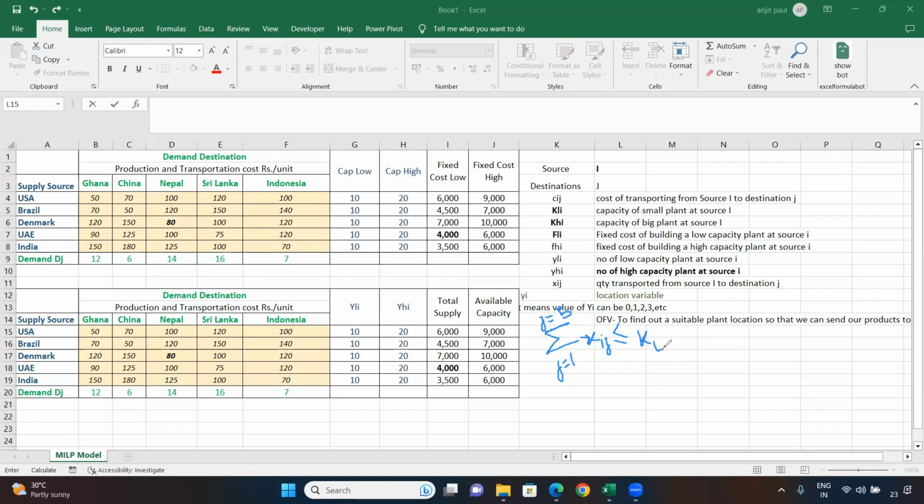What is KLI? Capacity of small plant at source site. YLI. YLI is what? The number of low capacity plant that we are going to set up at source site.